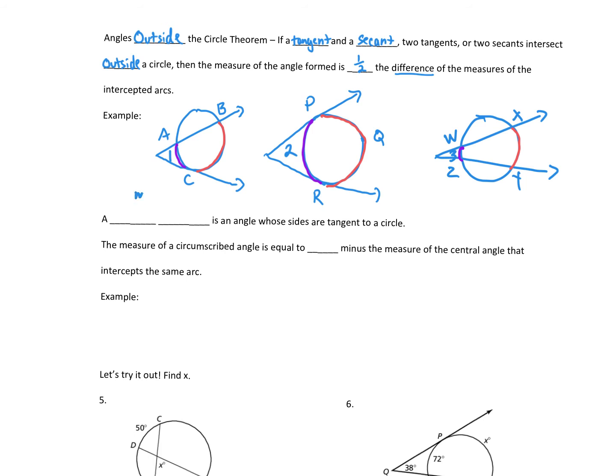So the measure of angle 1 equals 1/2 the measure of BC, the bigger one, minus AC, the smaller one. Same thing, the measure of angle 2 equals 1/2 the bigger one, PQR, minus the smaller one, PR.